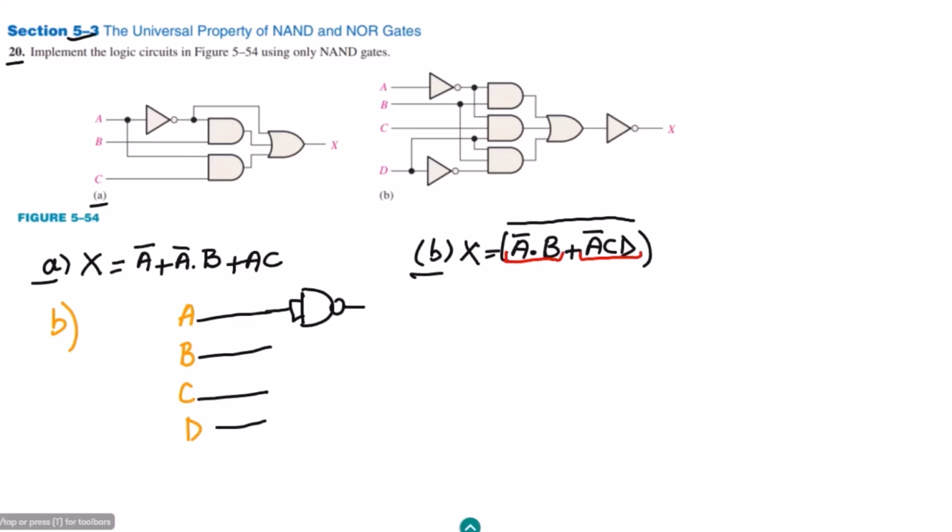This is given here, and at the output of it I will get A complement. The first product here is A dot B. So let me use the same product here and the same thing here, and that is the two NAND gates. The first one is here while the second one is the inverter, which is like this one.